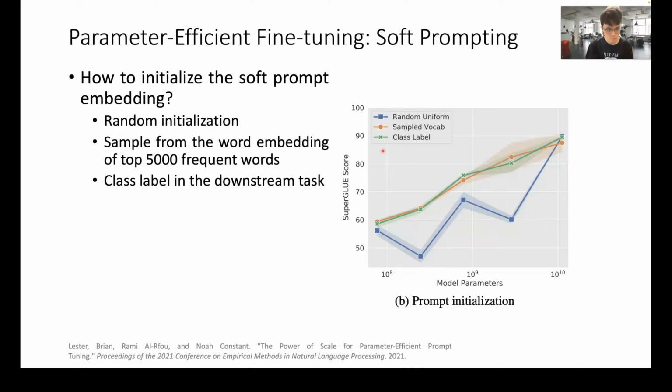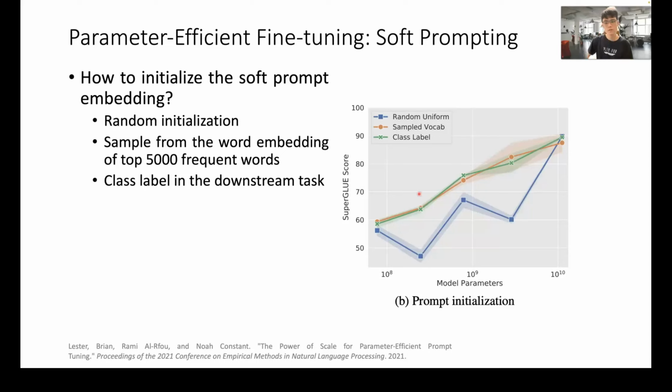The third method is using the class label in the downstream task to initialize the soft prompt embedding. And if the soft prompt embedding length is too long and the class labels are not enough, we will just fall back to sample from the word embedding using the top 5,000 frequent words in the vocabulary.